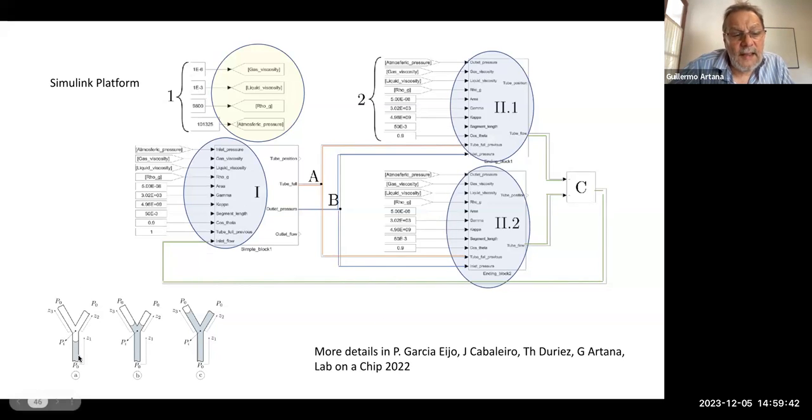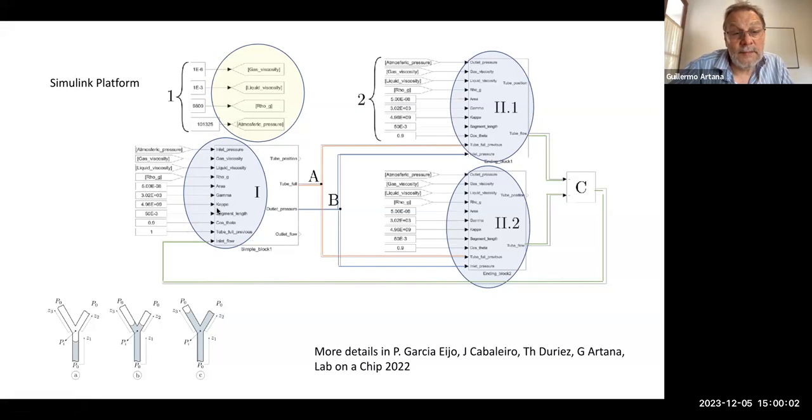Let's assume that you are interested in reproducing the dynamics of filling of this geometry of channels. You have three branches here: the first one, the second one, and the third one.